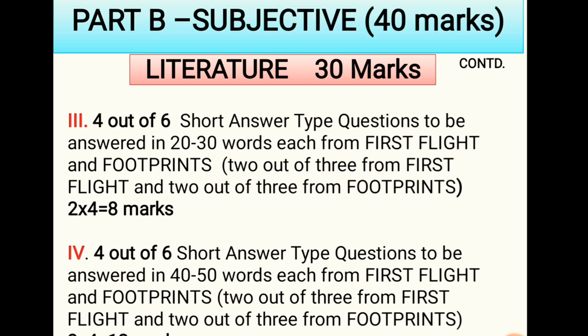The questions will be patterned in this manner. 3 questions for First Flight wherein only 2 will have to be answered by students, and 3 from Footprints out of which only 2 will be answered. So in all it will be 4 questions out of 6 in both the cases. The only difference is question 3 will have short questions for 2 marks and question 4 will have short questions for 3 marks each.